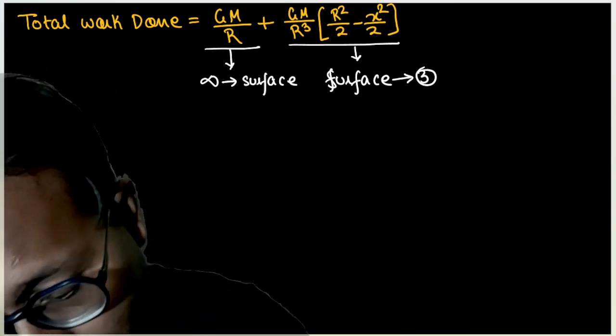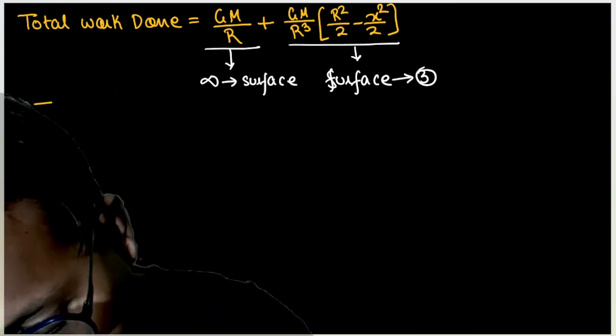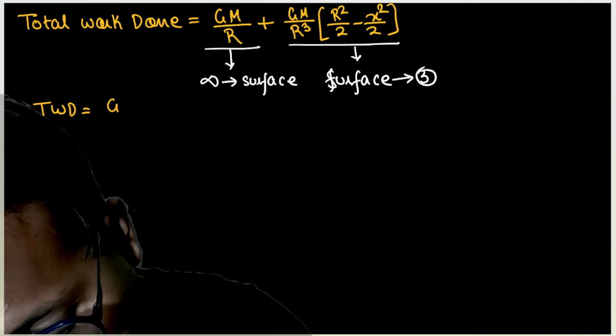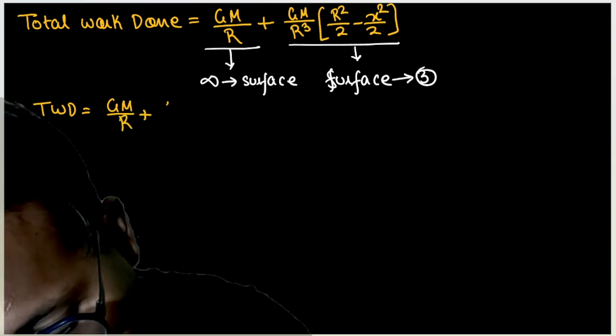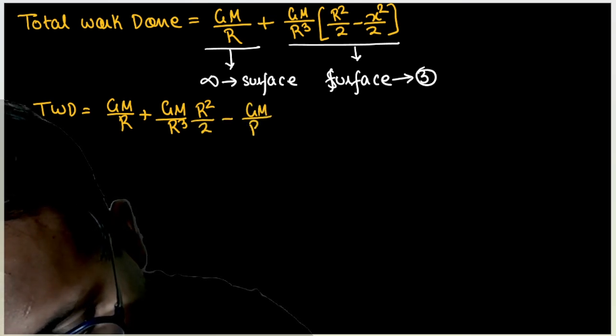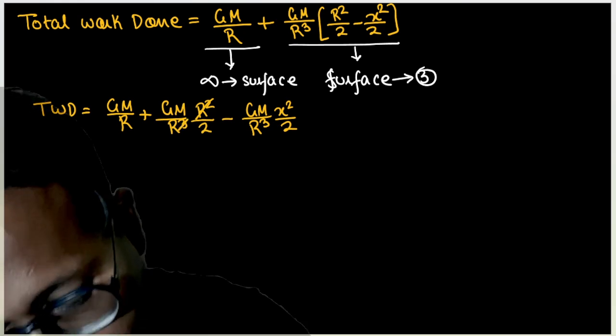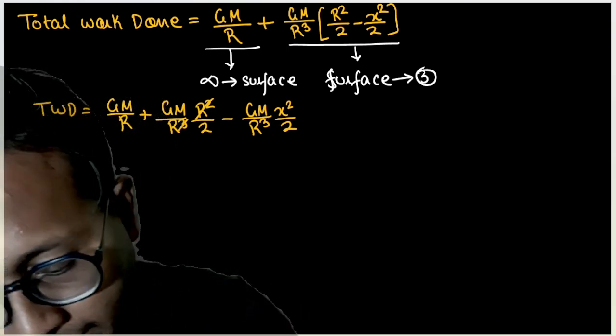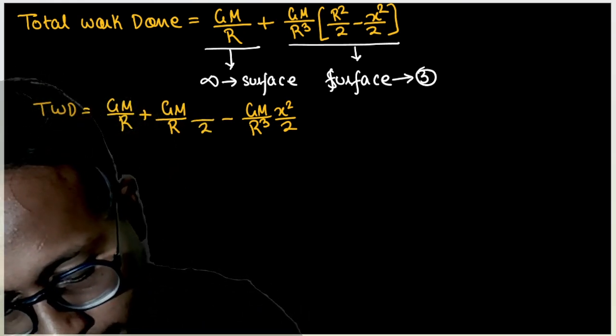Okay, now the total work done is nothing but GM by R plus GM by R cube into R square by 2 minus GM by R cube into x square by 2. Now this R square and R cube would get cancelled, isn't it? And it would become GM by 2R, isn't it?